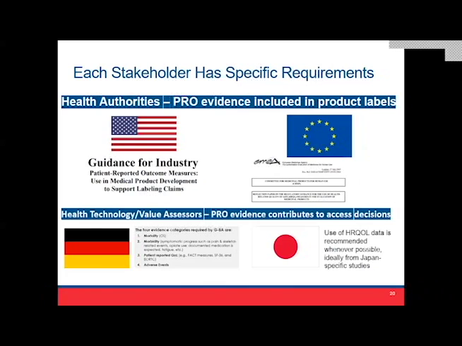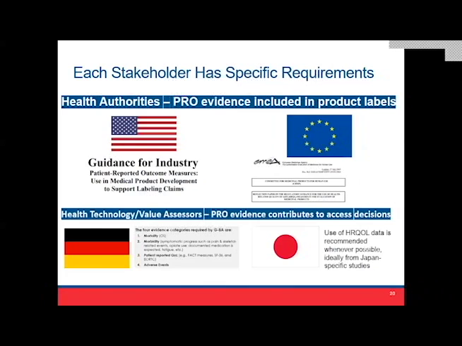to drugs that are then used by the payers as to whether they're going to reimburse or not. One example would be Germany, where they have a set of criteria that they use to review the evidence that's submitted to them. And it includes quality of life, health-related quality of life.